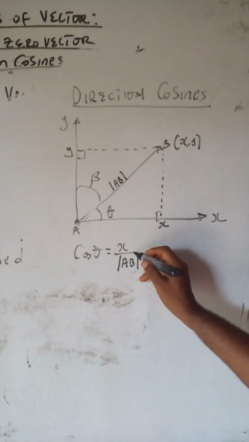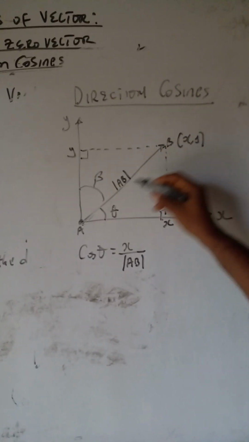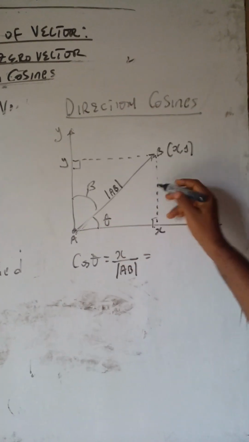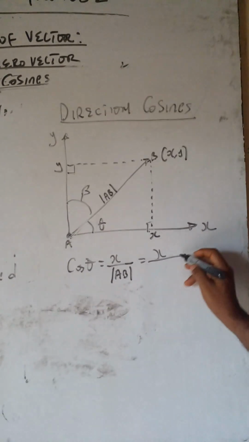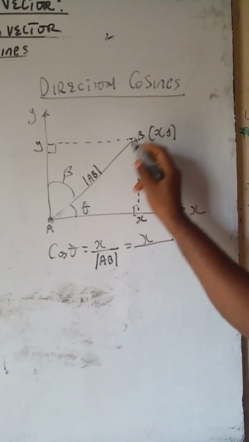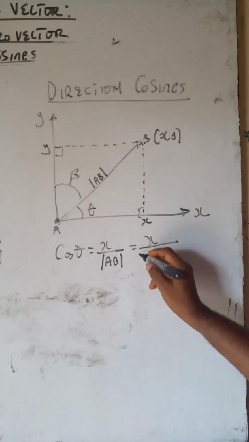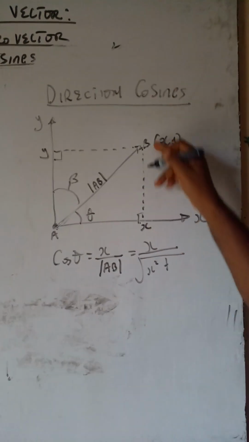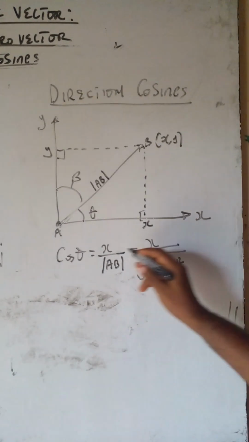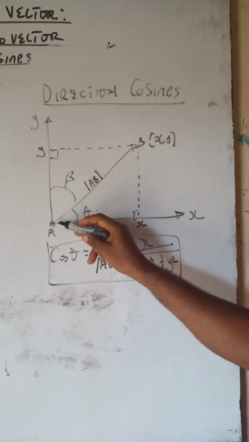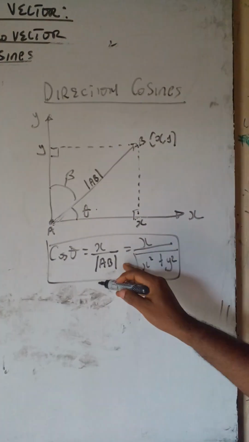The magnitude of this vector AB, using Pythagoras theorem, is the square root of x squared plus y squared. So cos theta is x divided by the square root of x squared plus y squared. This is the direction cosine for the angle theta which vector AB made with the x-axis.